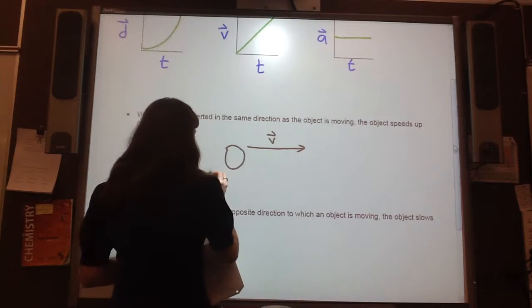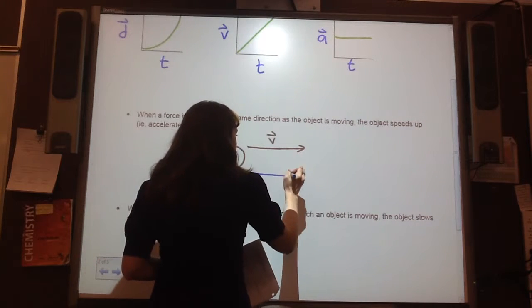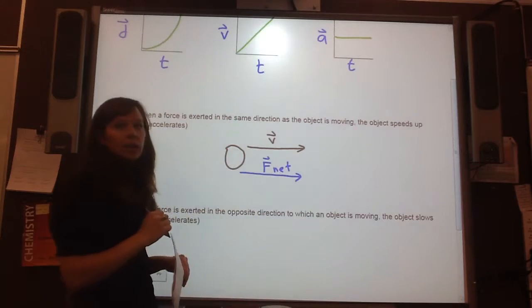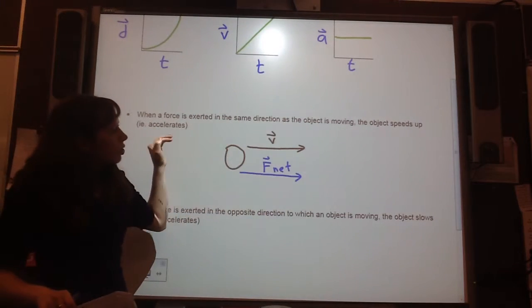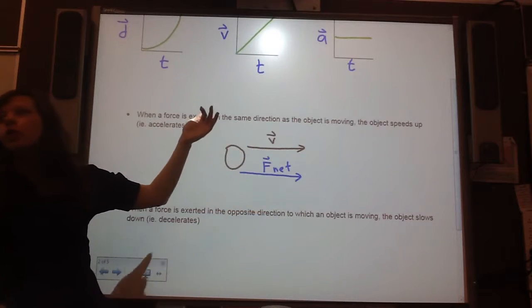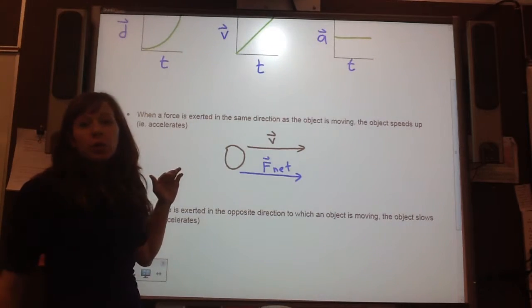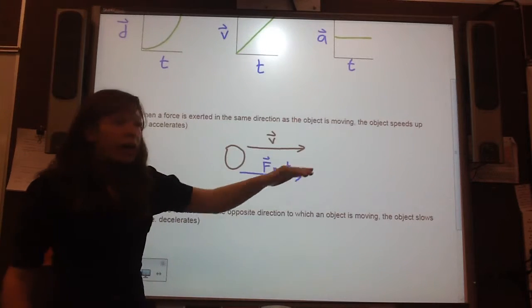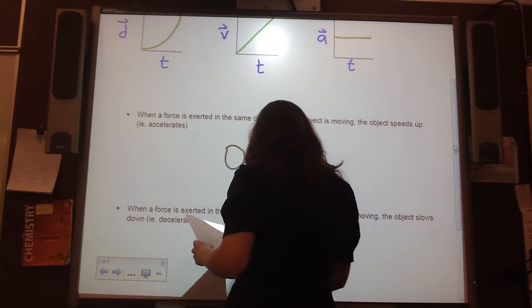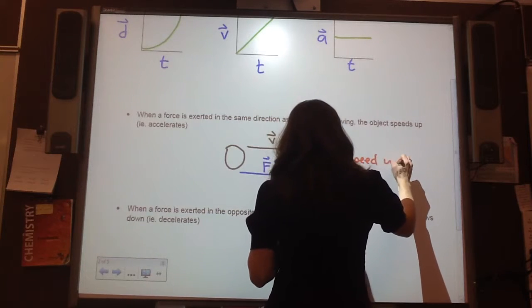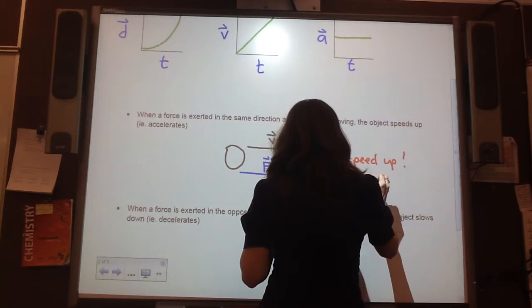If a force is exerted on it in the same direction as its original movement, like a car driving that way and you put on the gas, you will accelerate which way? Same way, right? So this equals speeding up, which is acceleration.